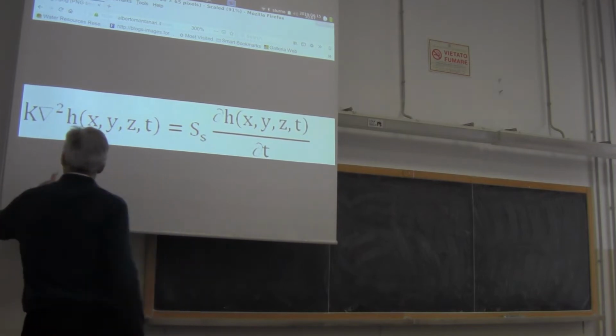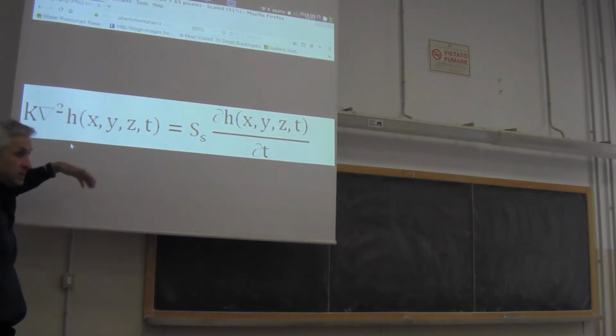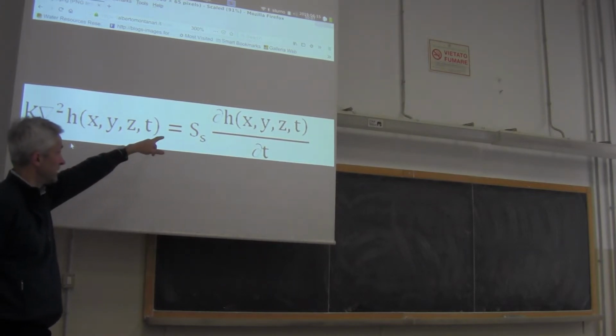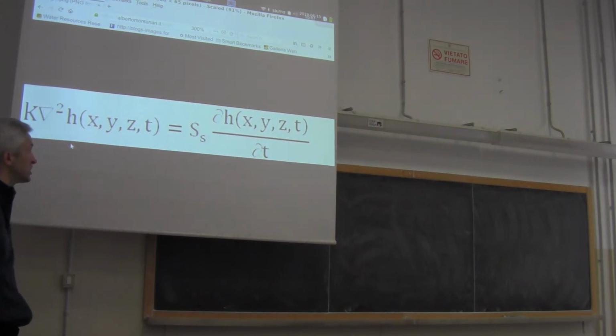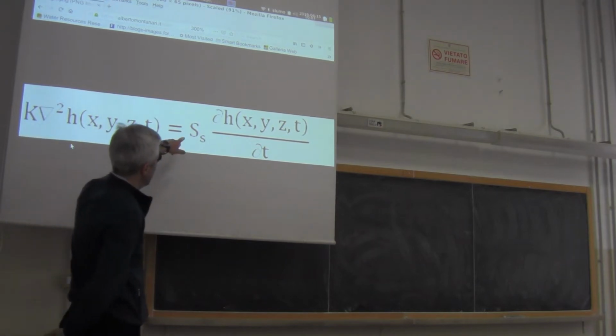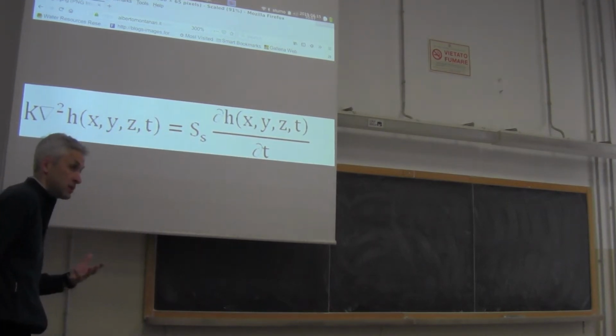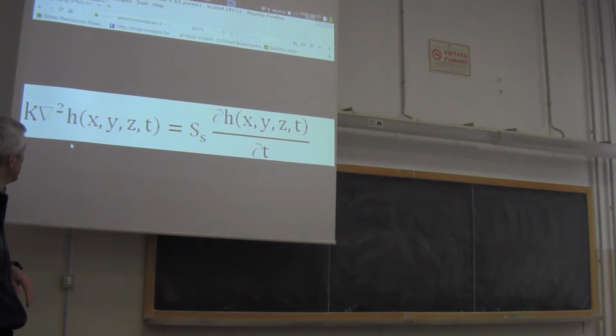Now I have a nabla squared, because it's a double derivative of h multiplied by K. K is a parameter of Darcy's law. It depends again on the aquifer. And on the right-hand side we have the derivative in time of h, the hydraulic head, multiplied by, again, SS, volumetric specific storage, which is a property of the aquifer.